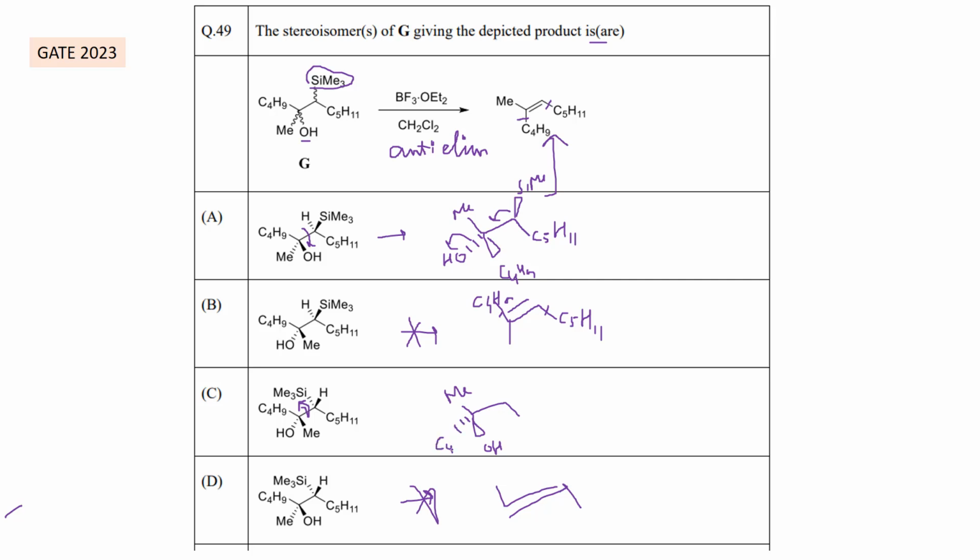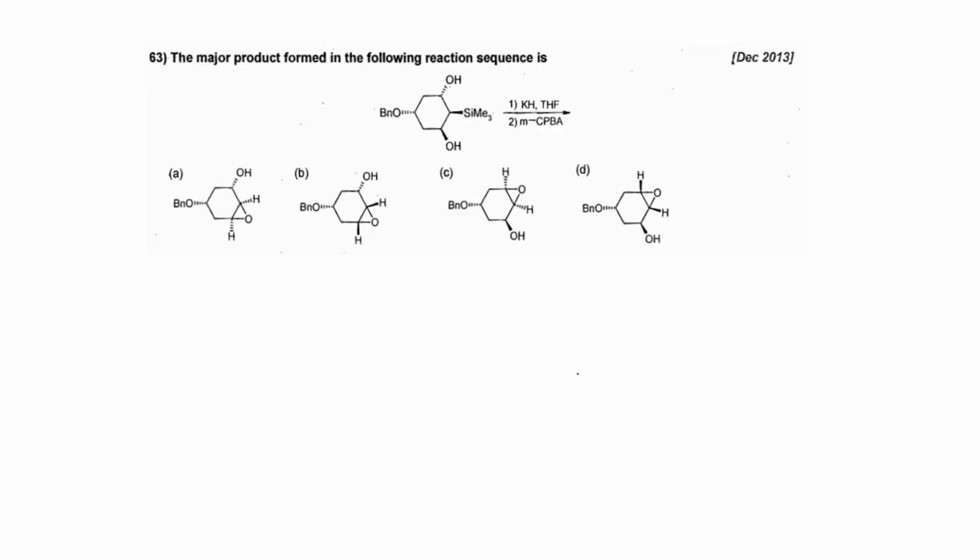In this case also, now it can undergo elimination, because the silicon and OH are in the opposite plane. So it will undergo elimination to give us our desired product. Okay, let's go to our next question.